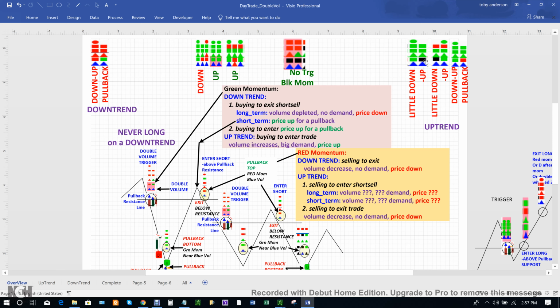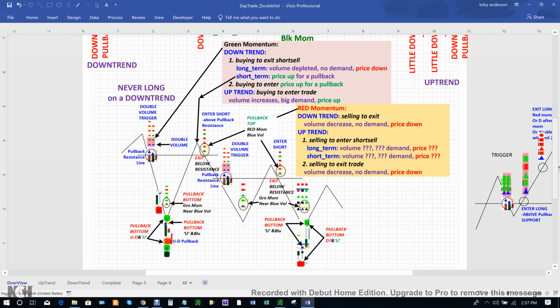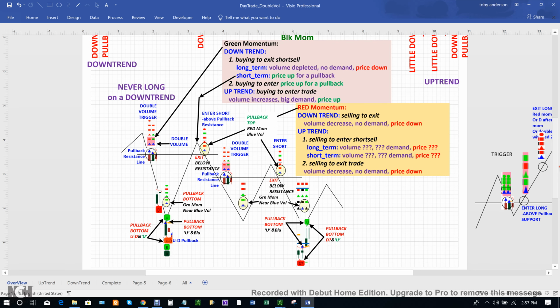So basically when you see a green and a black, or a black and green, it's going to probably go down a little bit and then come back up. So that's one of the big differences between an uptrend and a downtrend.